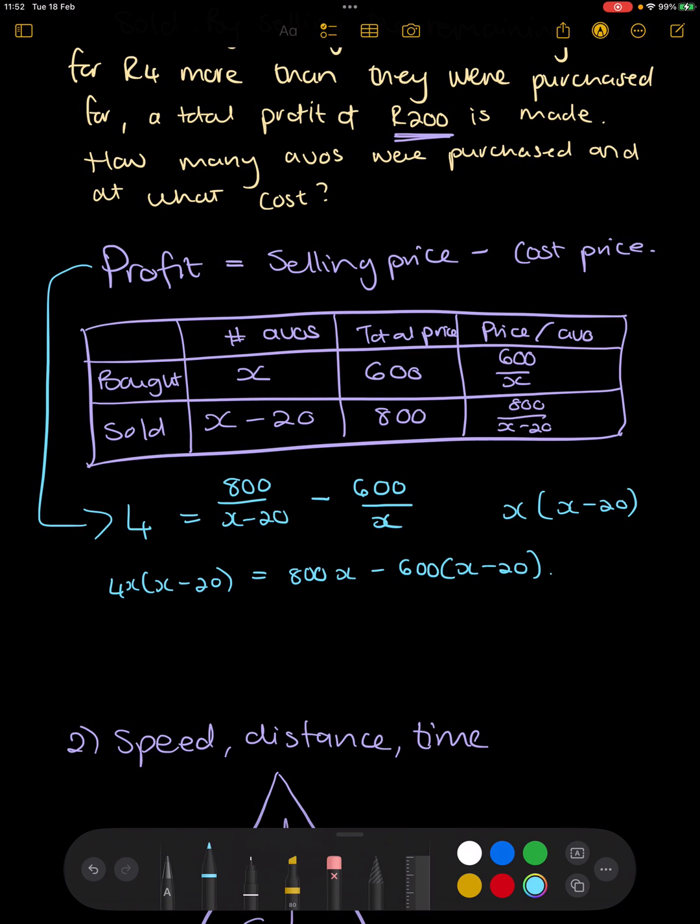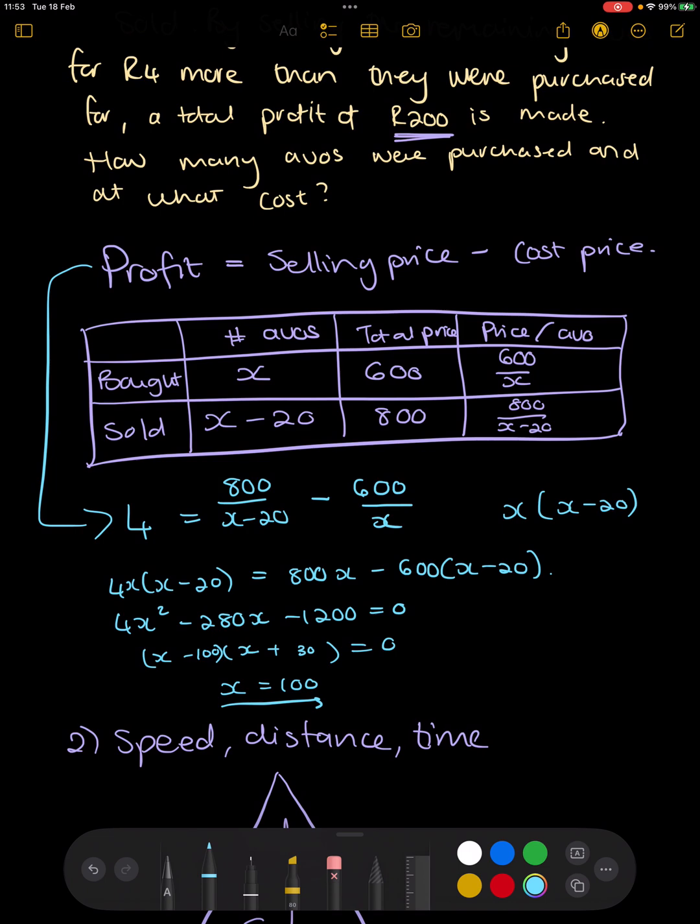If I multiply all of this out, I'm going to end up with the following. At this point, I can factorize it. So X was obviously 100 avos. I can't buy negative 30 avos unless somebody steals my money.